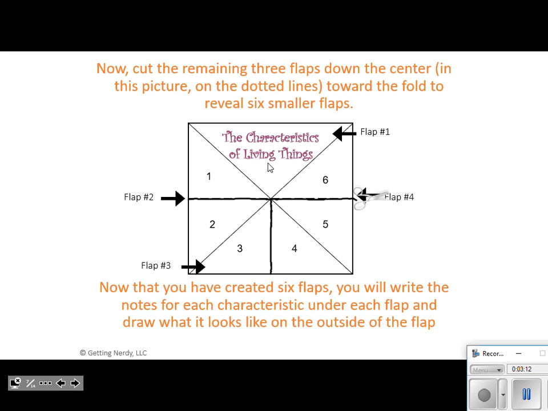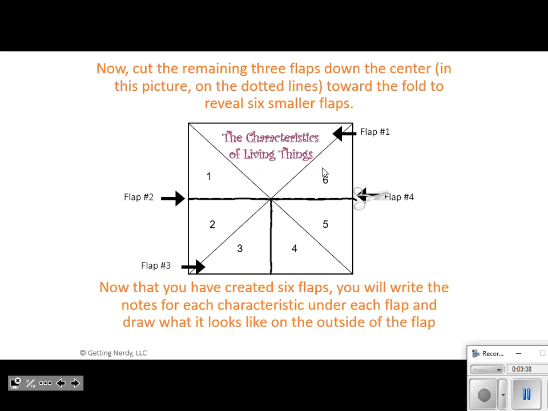So, you notice that you have 1, 2, 3, 4, 5, 6 flaps. Those flaps are going to correspond to our 6 characteristics of living things. Does it matter what order you put your flaps? Absolutely not.